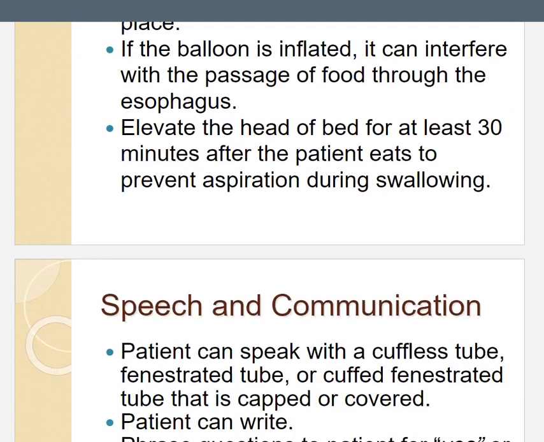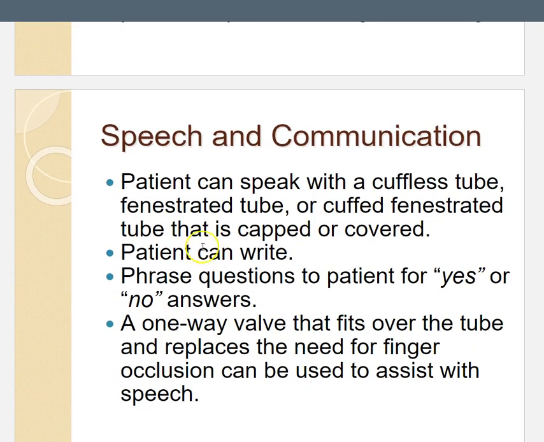Remember, patients will have a communication problem if they can't communicate. Make sure they have a board nearby that they can write questions on if they're conscious. Patients can speak with a cuffless tube, fenestrated tube, or cuff fenestrated tube that is either capped or covered. Make sure patients can write. If you have to ask questions in the beginning, make sure they're yes or no questions.